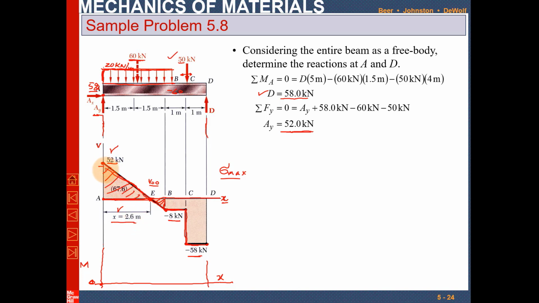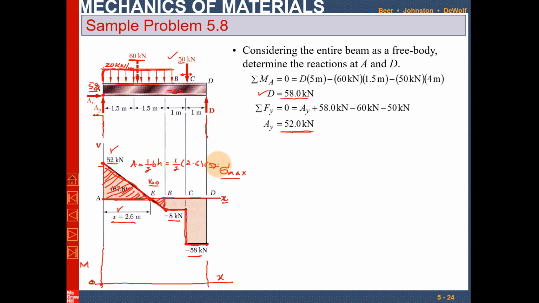Also, you can see that from point A to E, the area under the shear force diagram is actually the bending moment value. So how you will find the bending moment is that this is a triangle. So the area of a triangle is equal to half of base into height. Now the base is 2.6, so it will be half of 2.6 multiplied by the height, which is 52.